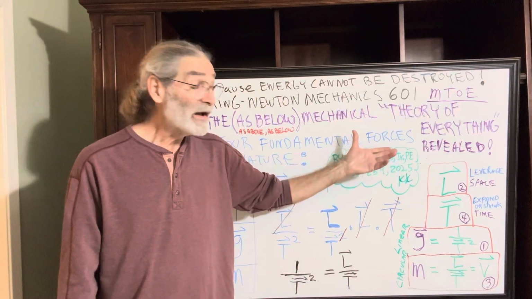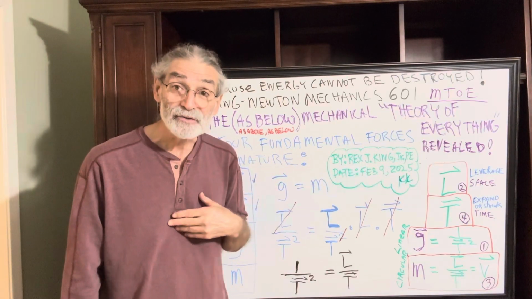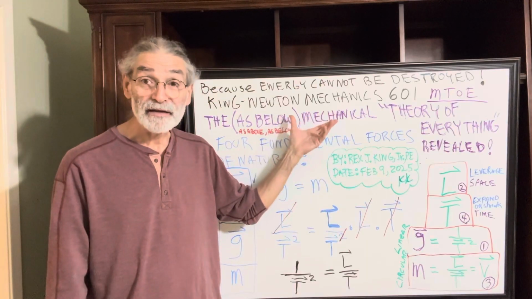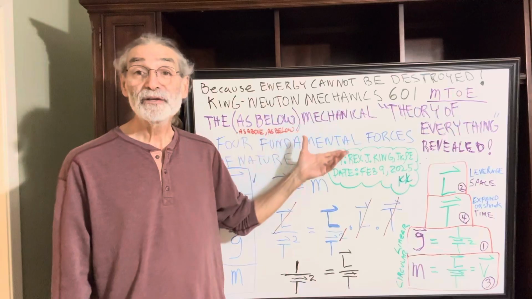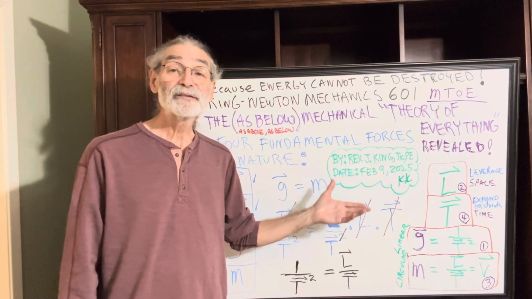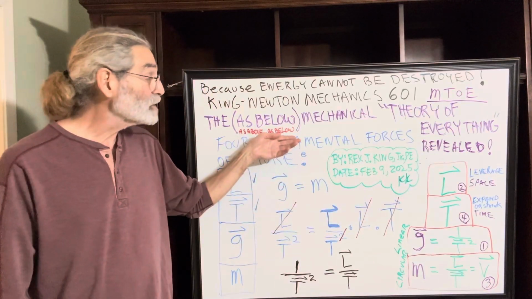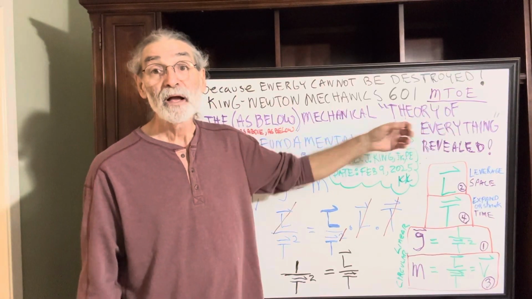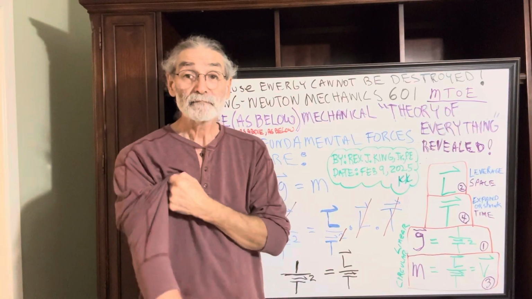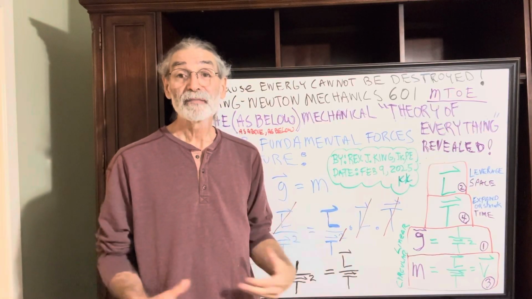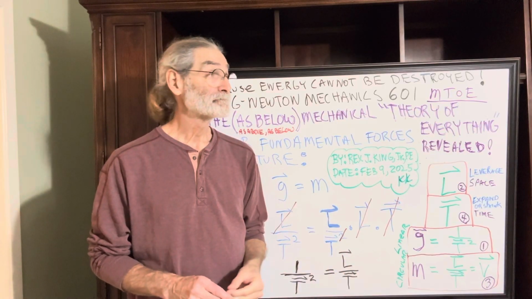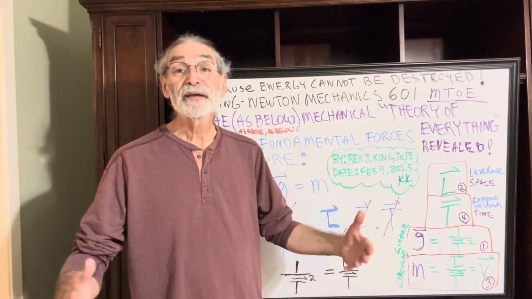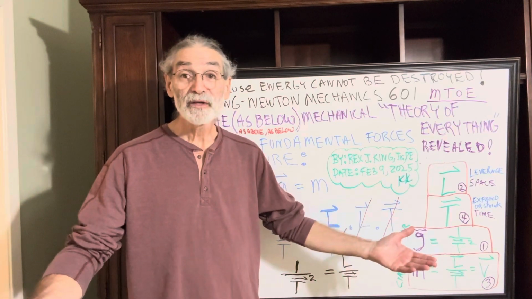Well, what I have done in my invention and through my research into Newtonian mechanics, I have been able to reveal features that basically show the "as below" of the theory of everything. In other words, the mechanical part that we use already to create the physical world we live in.